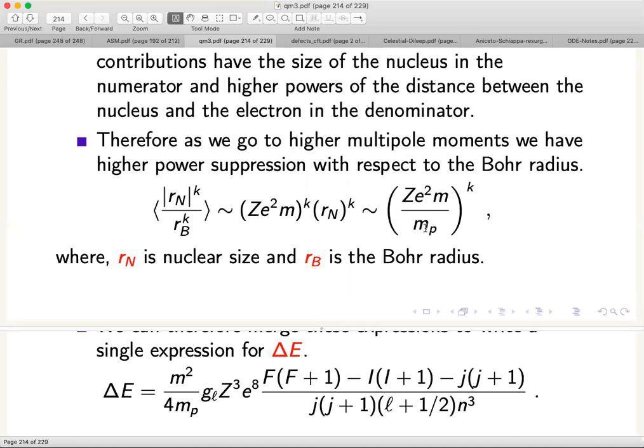Initially for k equal to 1, which was the dipolar contribution, we were getting a 10 to the minus 3 suppression. But if you go to a higher multipole, you get 10 to the minus 3k, so the suppression is going to go much higher.